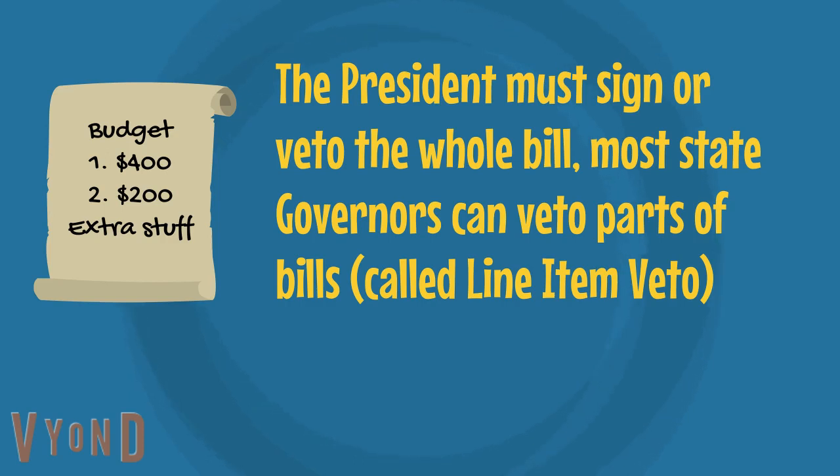The president, to keep the rest of it, has to take that little part at the end. The president can't just veto that little part at the end. They either have to take the whole thing or nothing, and usually they end up taking the whole thing, which means there's all this extra stuff that gets passed through Congress that the president would never have approved if it had come through separately, but they get it because they attach it to something the president really wants.